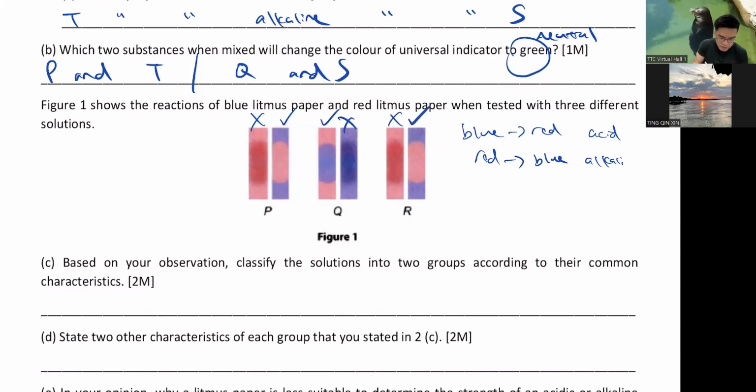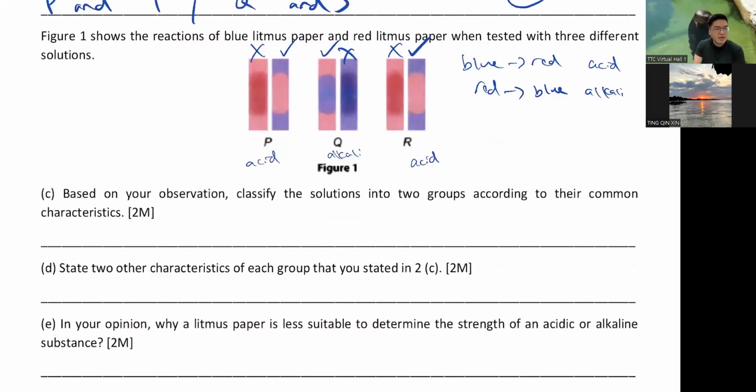So that means P is acid, because blue changes to red, and Q is alkali, because its red changes to blue, and R is acid. This question is a bit strange.